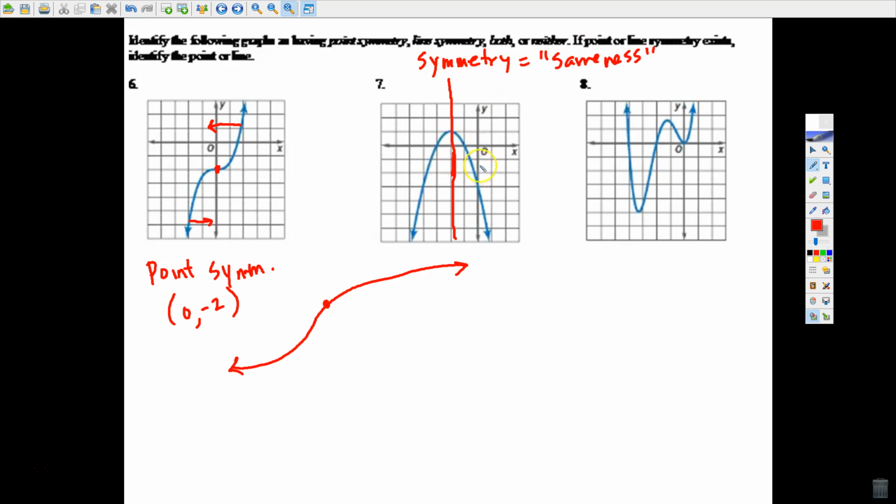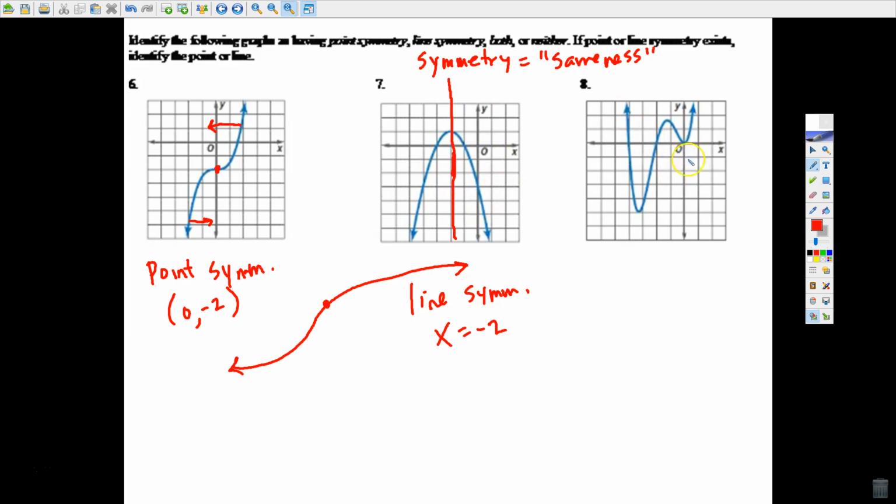We could fold our graph paper on this line and these two sides should match up with each other. And so we have line symmetry here, and the line that creates the symmetry is the line x = -2. Remember, vertical lines are always x = lines.